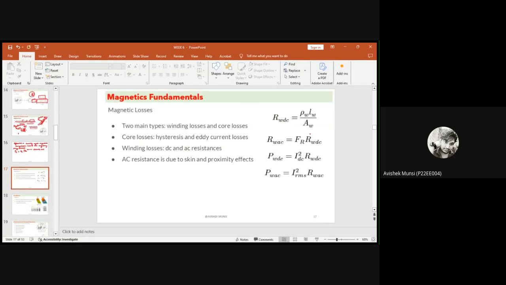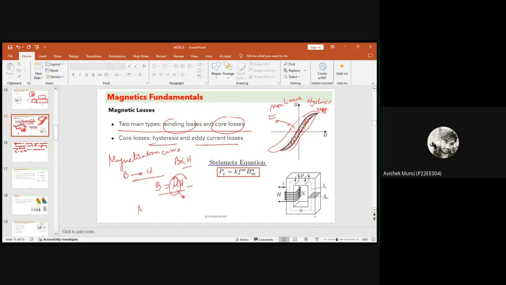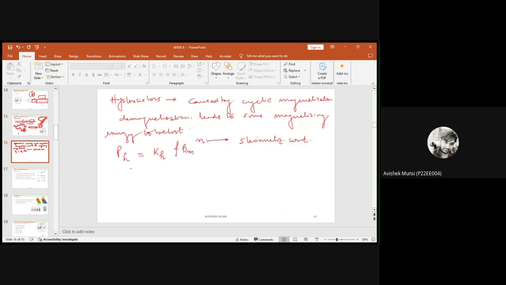I hope I showed it here. No, here it is. So this is the Steinmetz constant. It is between 1.6 to 2. Another loss I said, that is eddy current loss.